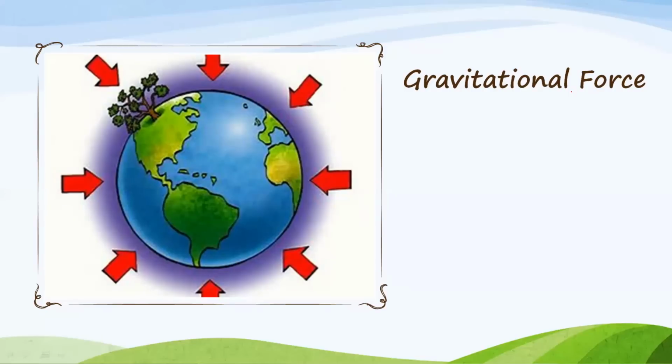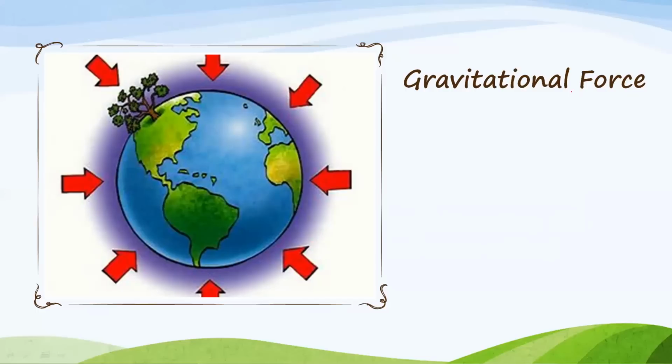So gravitational force is the force of attraction with which all the objects are getting attracted towards each other. So even though I have shown a picture of Earth attracting everything towards its center, gravitational force can exist between any two objects in the universe. That is why gravitational force is known as a universal force. It can exist between any two objects.